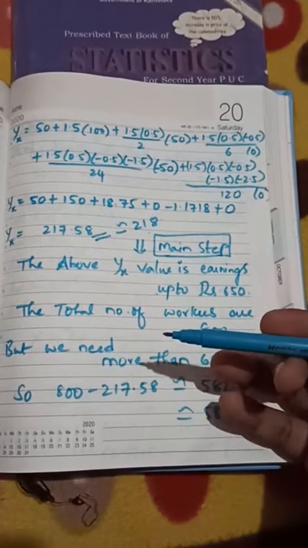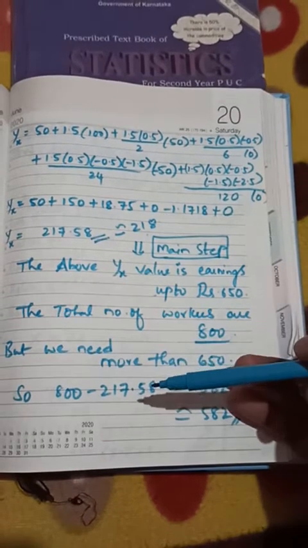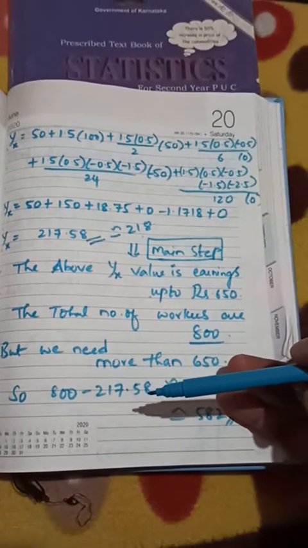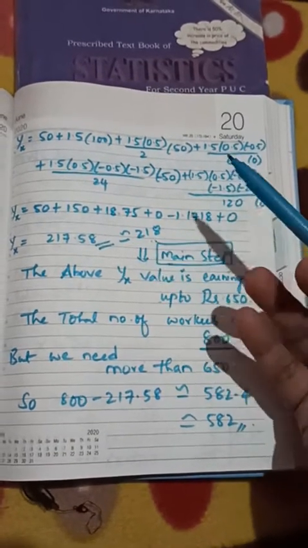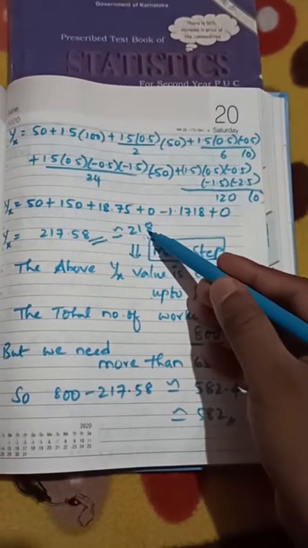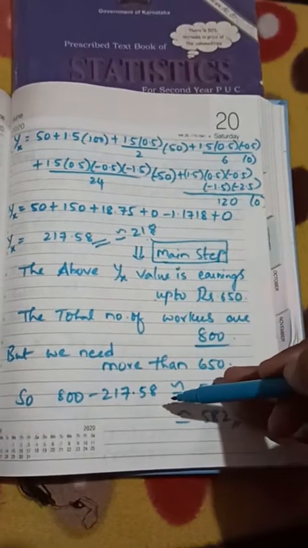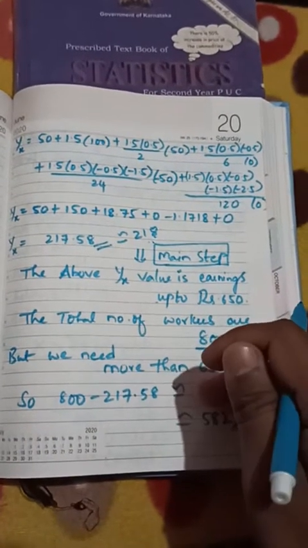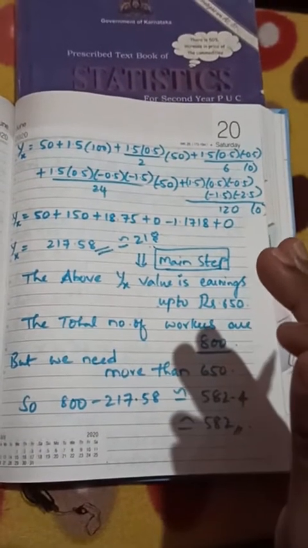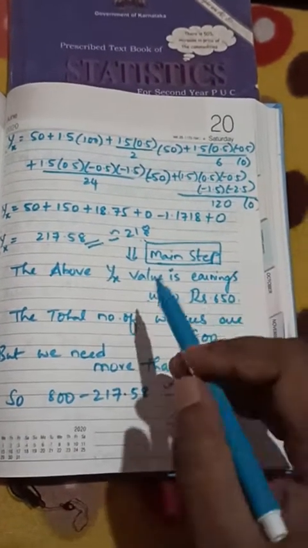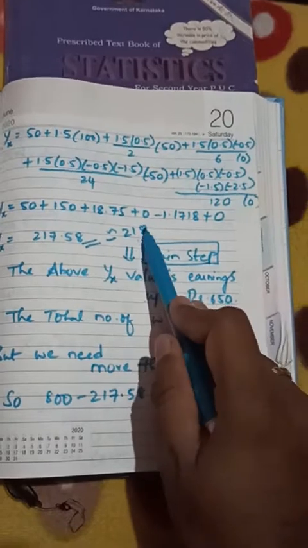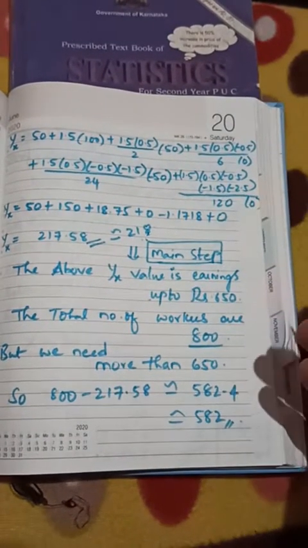As I have told you earlier, LCF, the final total, remember 800 is the total, right? Now up to 650 you have calculated. Now more than 650 means from the total remove this. Out of 800, the number of persons who are getting wages more than 650, this is up to 650, we have removed from the total number of persons.